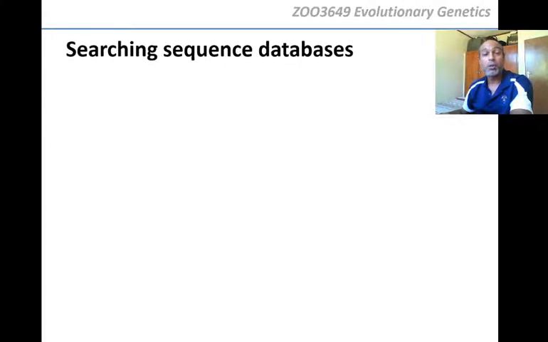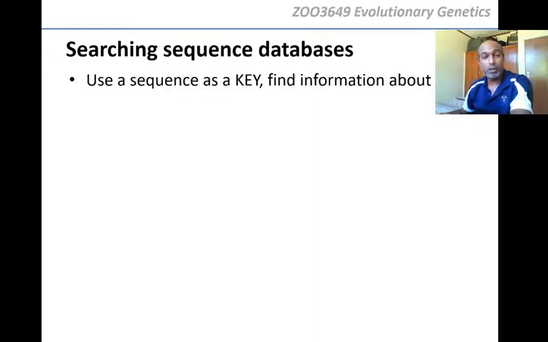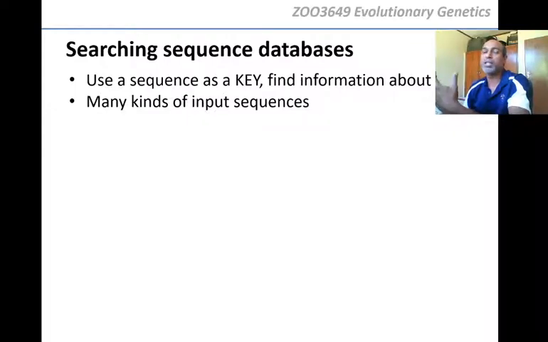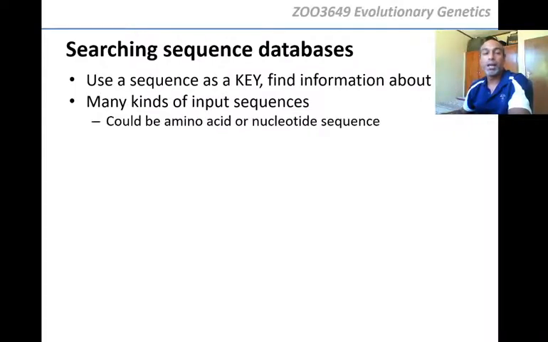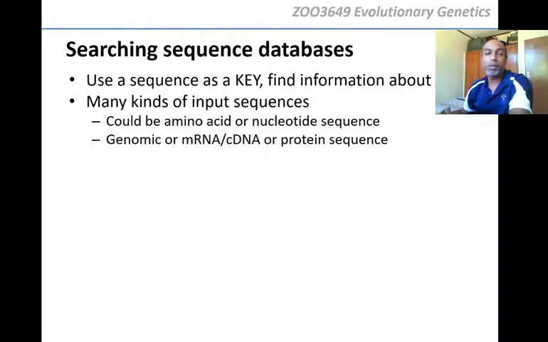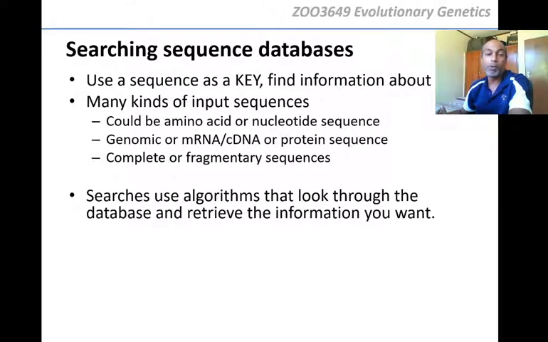So keeping on the searching of databases, you need basically to use a sort of key, right? And I just explained to you what these keys would be. You could have the gene name, the sequence name, and many kinds of inputs, whether amino acid, nucleotide, messenger RNA, cDNA, complementary sequences. You can put in any kind of sequence. So once you hit enter, what happens in the search? You're looking for something.